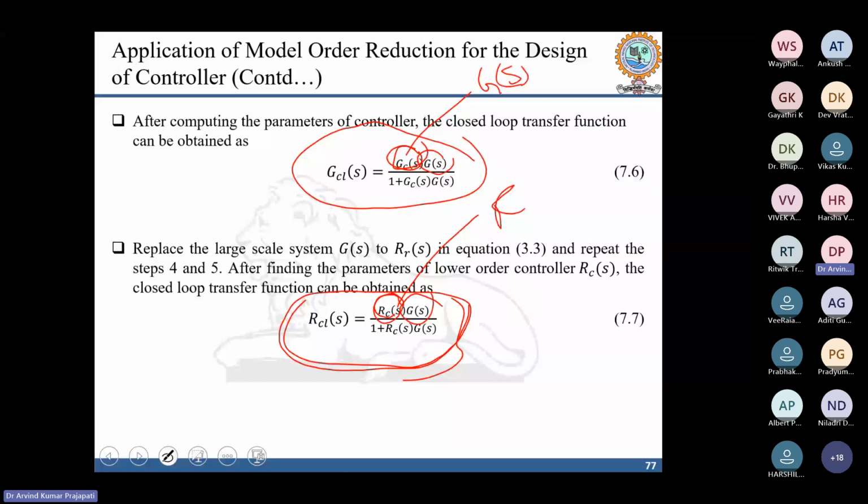If you design the controller using the reduced system, you can compare, and if you are getting the same response, then why go to design the controller by the original system? We can design by using the reduced system and then implement that controller in the original system, and we can save time, simulation, etc.